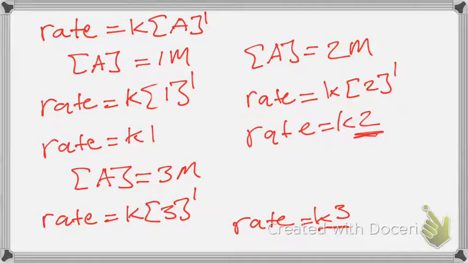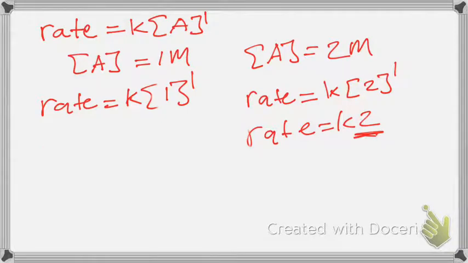So if I triple the concentration, I should triple the rate of the reaction. So you can see how a first order affects the rate when we change the concentration, double or triple and so forth. Well, what about the units of K?